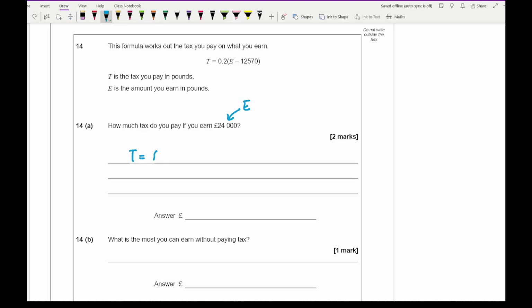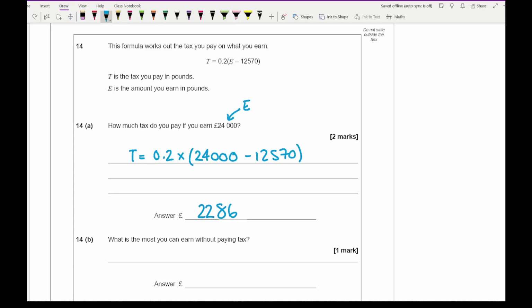So t equals 0.2 times, and then it's going to be 24,000 minus 12,570. And if I type that all into my calculator, I get an answer of 2,286.